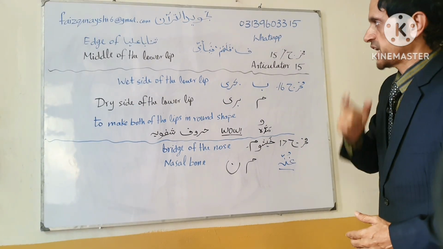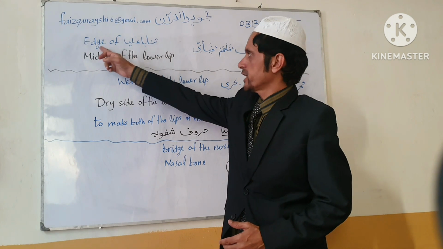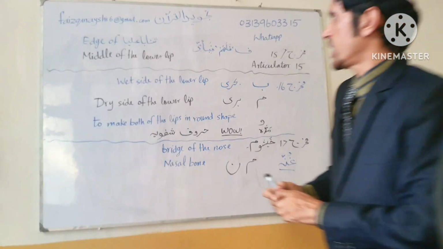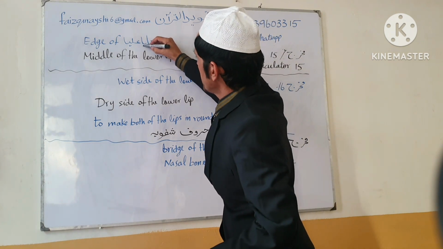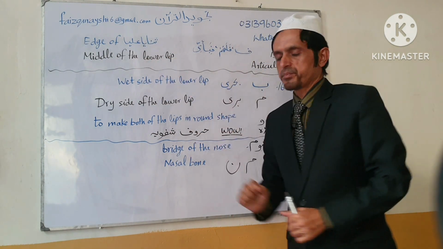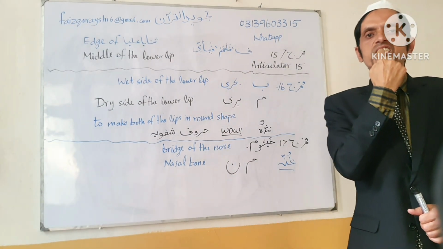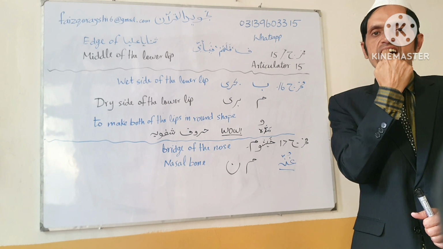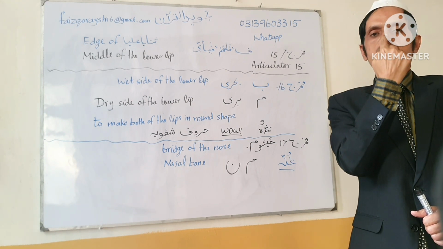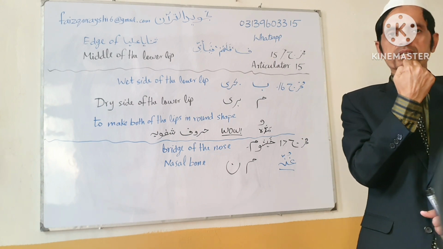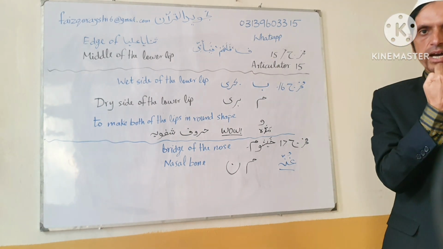I am going to tell you: the edge of thanaya ulya and the middle of the lower lip. You see, these two front teeth are called thanaya. Upper teeth are called thanaya ulya, lower teeth are called thanaya sufla.